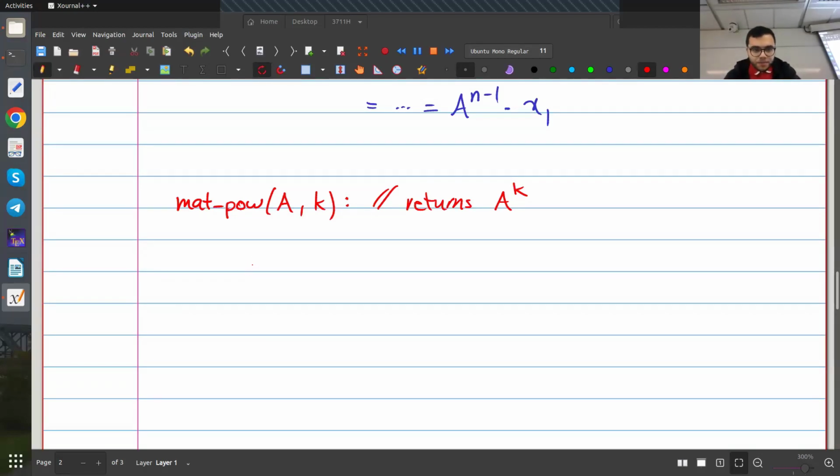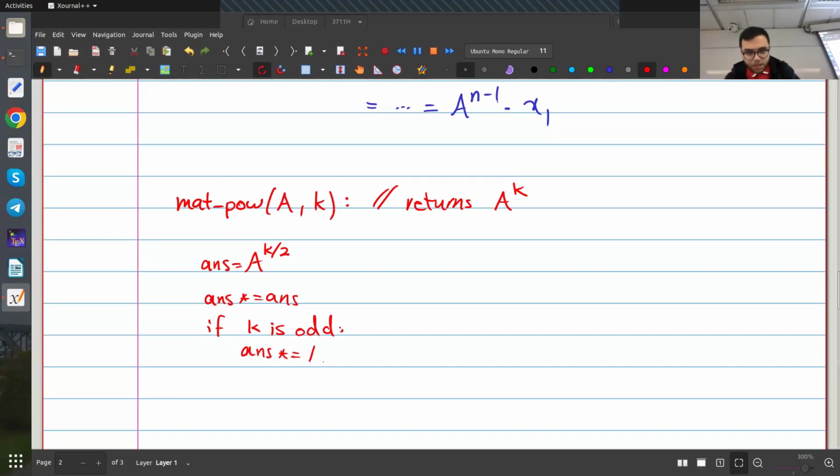I just say, take my answer to be A to the power of K over 2, and then just multiply the answer by itself. And I also have to say that if K is odd, then multiply the answer by A. Again, this is matrix multiplication. And return the answer. And I'm also assuming that, like before, my numbers are not going to overflow.